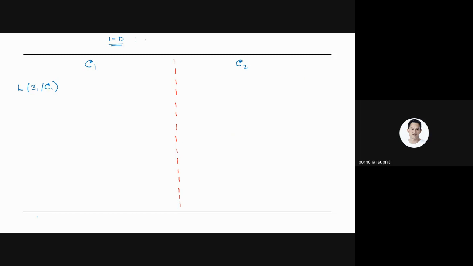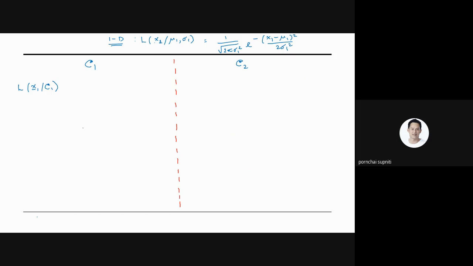If I talk about 1D, the likelihood of x1, which is not a vector, given mu1 and sigma 1, also not vectors because it's 1D, is 1 over the square root of 2 pi sigma 1 squared. This is the PDF of a Gaussian, times e to the negative of x minus mu1 squared divided by 2 sigma 1 squared. So this is the likelihood we're trying to compute, but this is for 1D, not 2D.